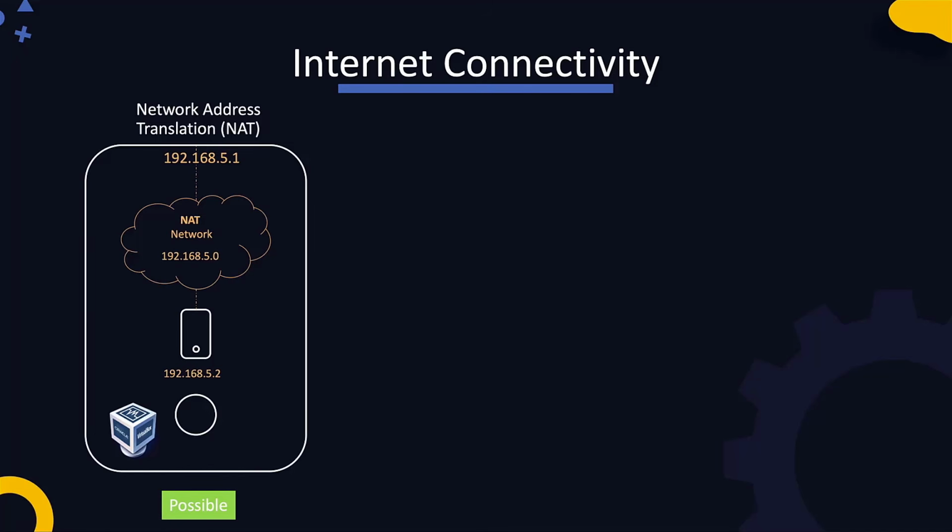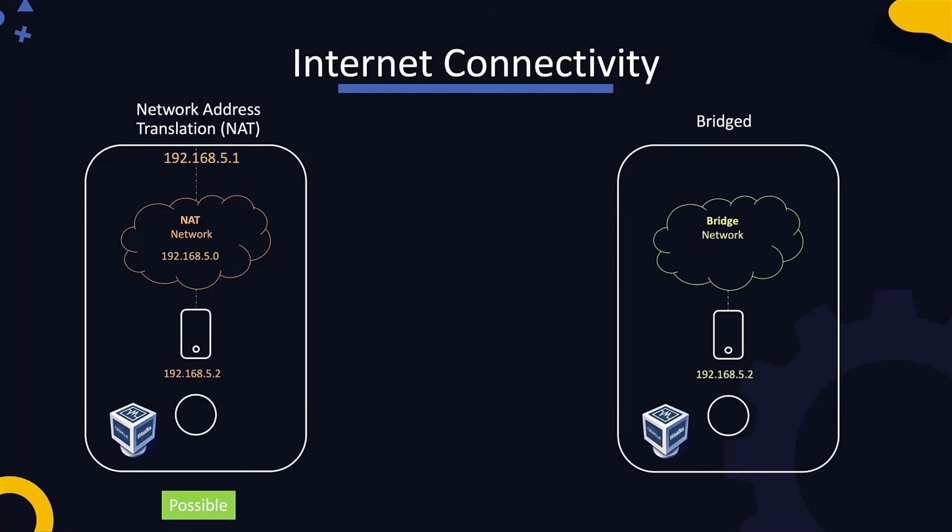You don't really need to do anything else. The bridged option, as we know, is an extension of the external network. So it makes the VM another host on the network. So just like all hosts on a network, the VM should be able to reach the internet easily. So there's nothing really required there too.